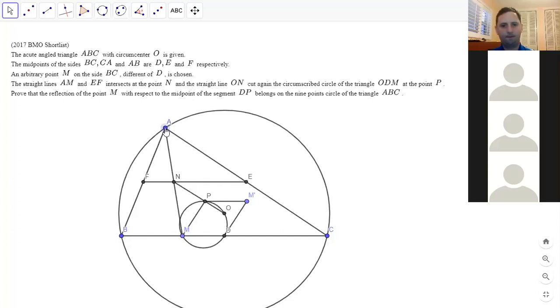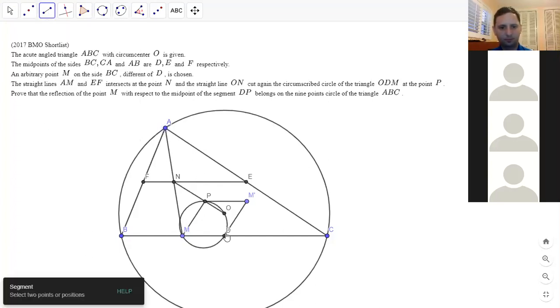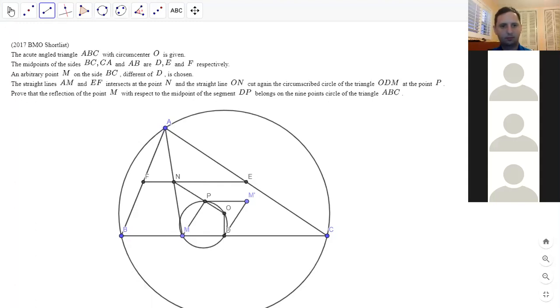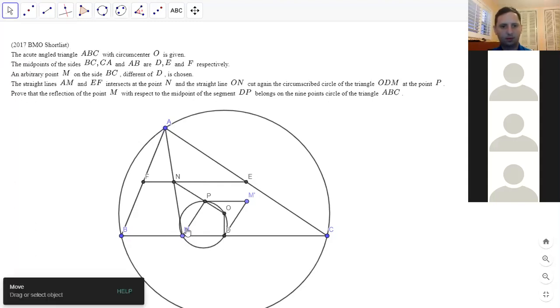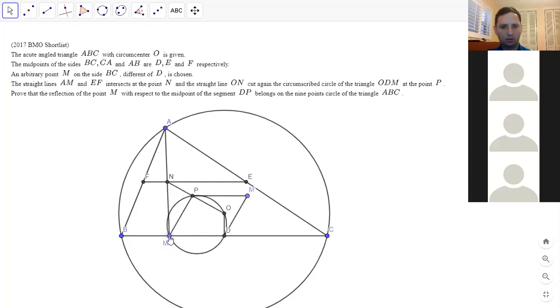Can you draw OD? Yeah. So AN equals NM, we know that.